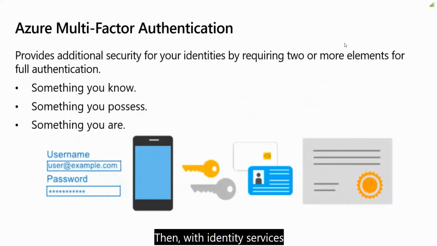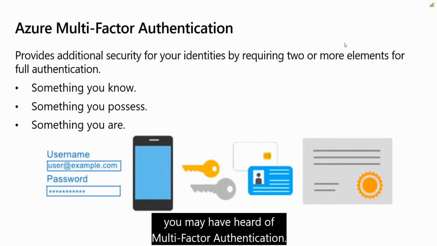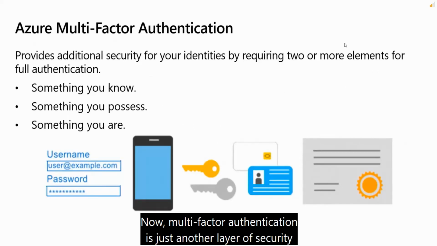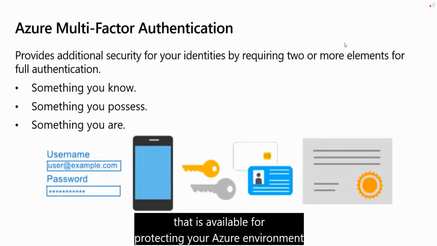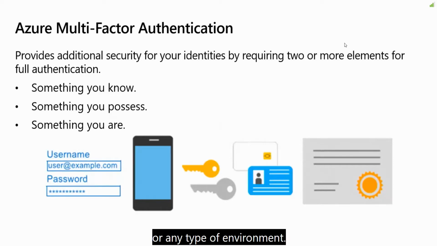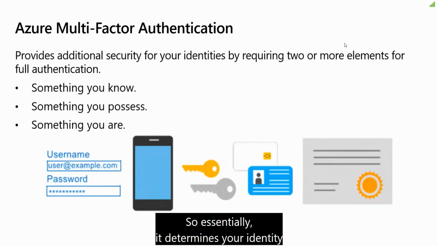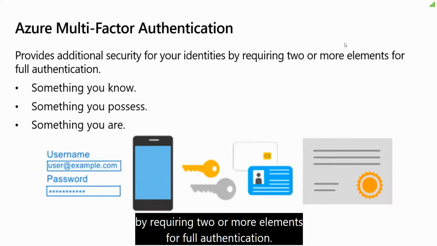Then with identity services, you may have heard of multi-factor authentication. Now, multi-factor authentication is just another layer of security that is available for protecting your Azure environment or any type of environment. Essentially, it determines your identity by requiring two or more elements for full authentication.